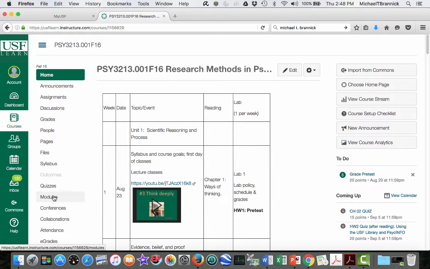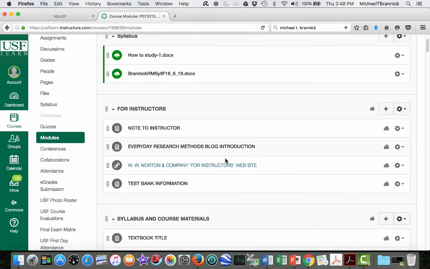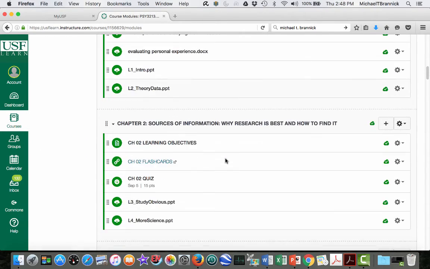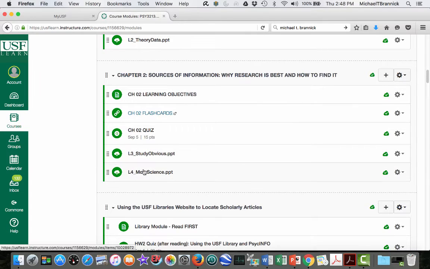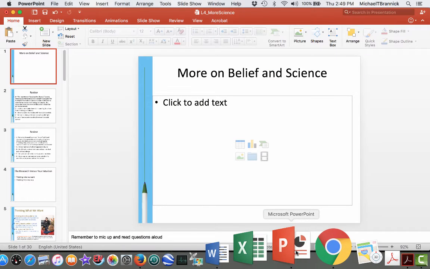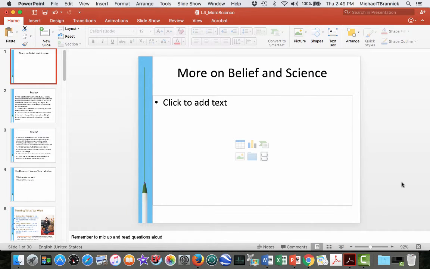As you know, we got rained out, so I'm going to quickly go through the lecture that we would have had today. If you go to Modules and then the second week, and go to Lecture 4, More Science, and open that up, you'll get more on belief and science, and that is the lecture we're talking about today.